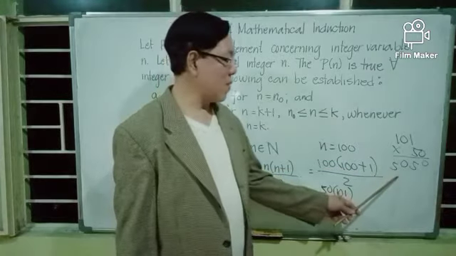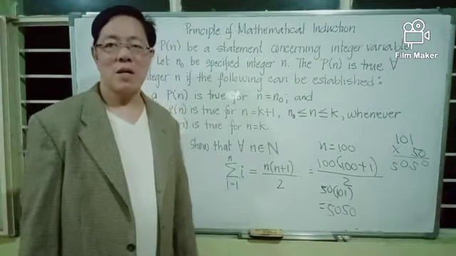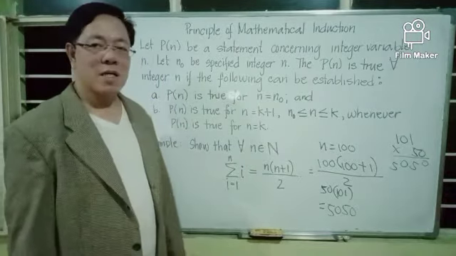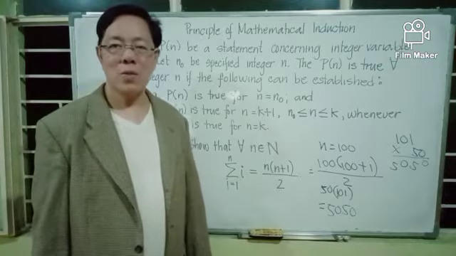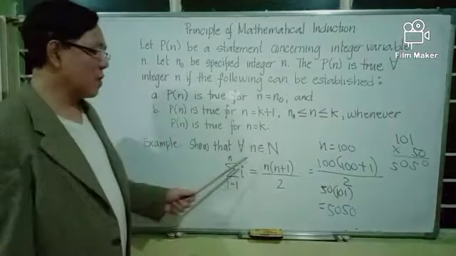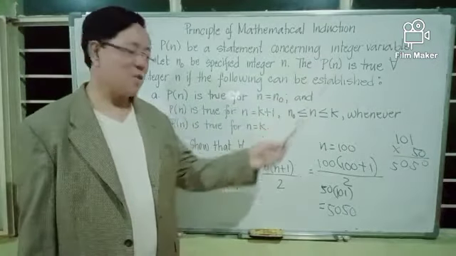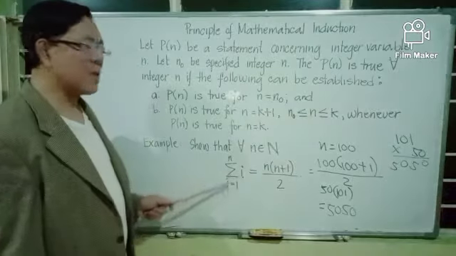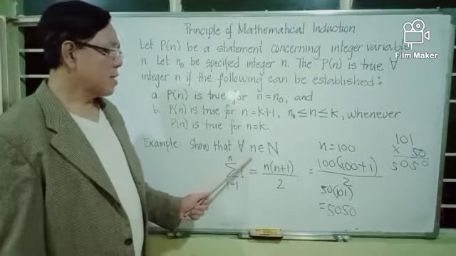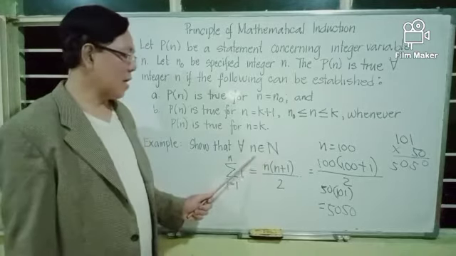The product is 5,050. 5,050 is the sum of the first 100 integers, 1, 2, up to 100. Now we will prove, by using the principle of mathematical induction, that this formula is true for every natural number n.